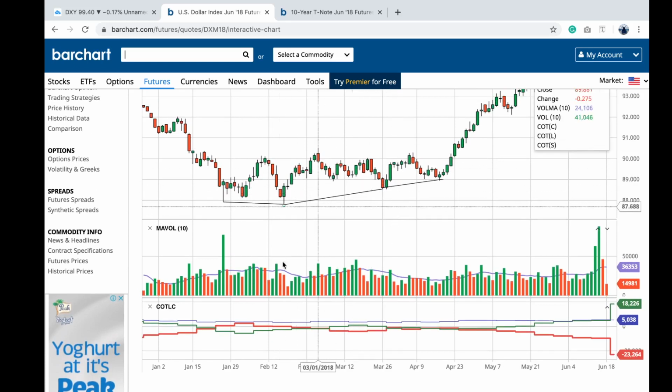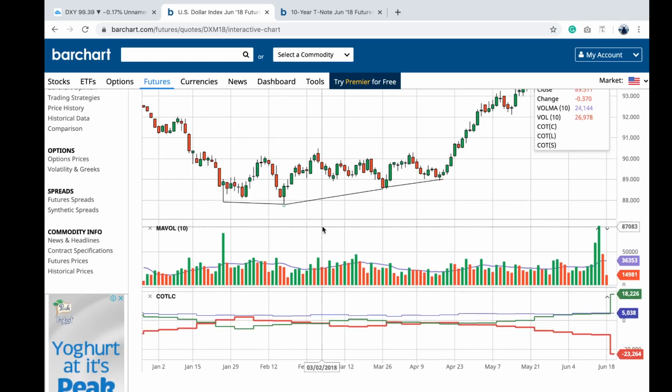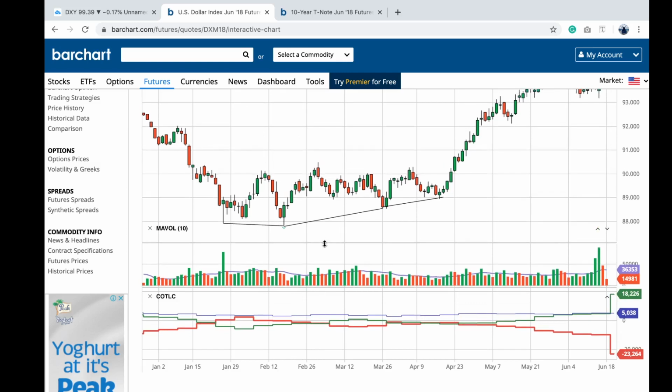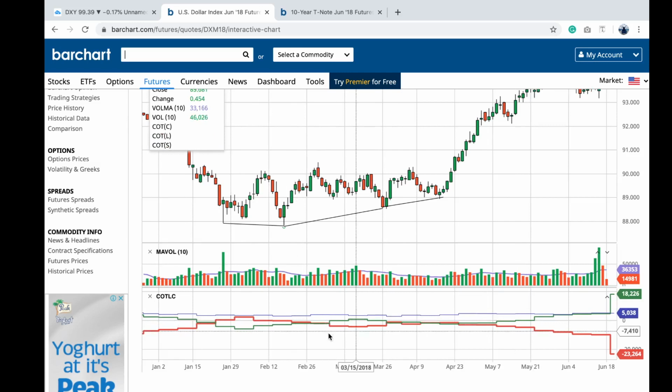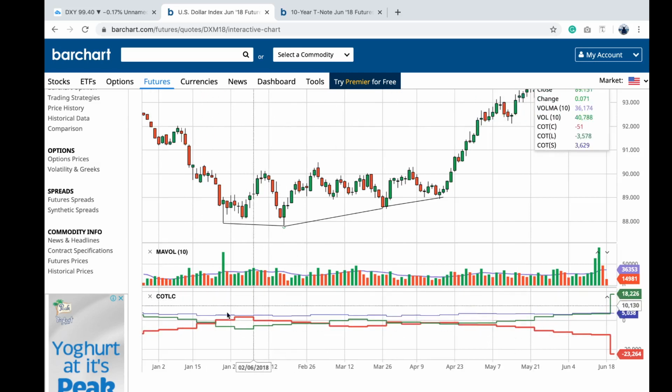Okay, let's now bring up our COT data. So let's pull this down a bit lower. You notice, whilst price was inside this range, the COT was above the midpoint of its range, above the zero mark. Remember, if the COT is above the zero mark, that means we're net long on a central bank basis.